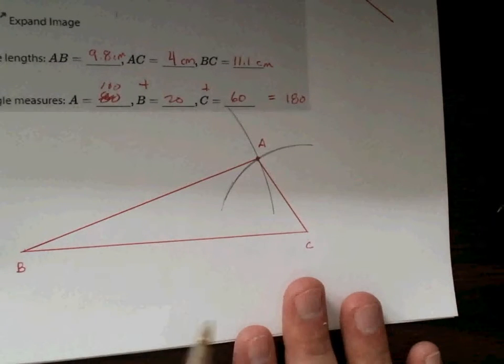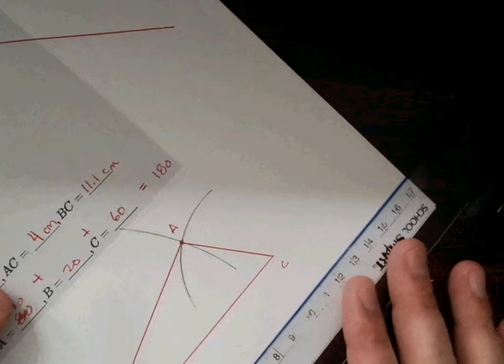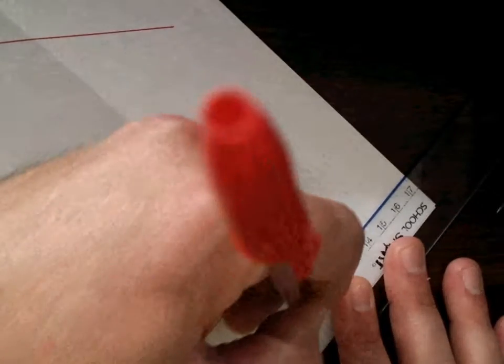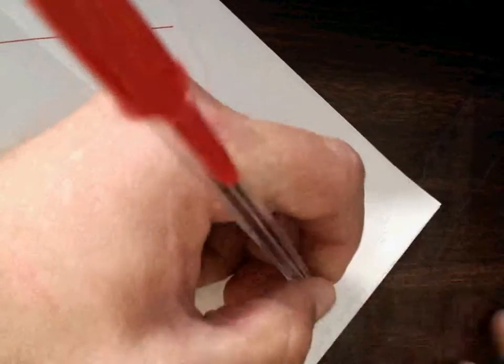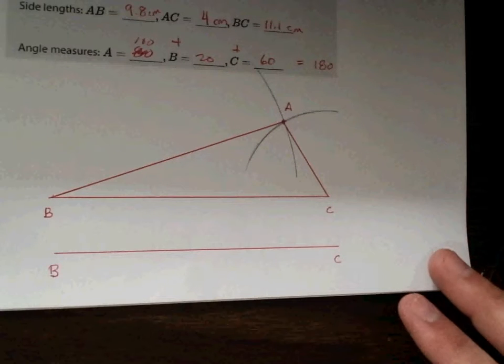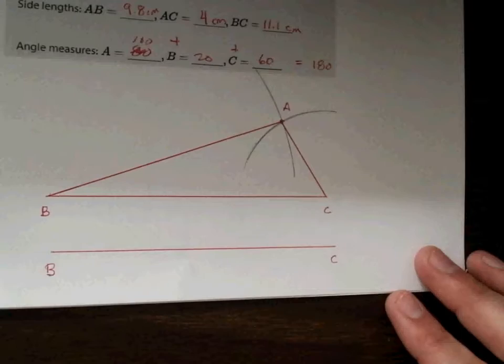I can draw one side just like I did BC. So let me draw BC again. 11.1 right there. Here's BC. Okay? So now I'm going to do the angle at B. What is my angle value at B? 20.